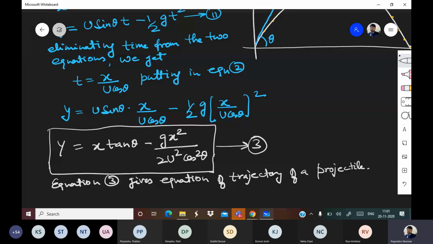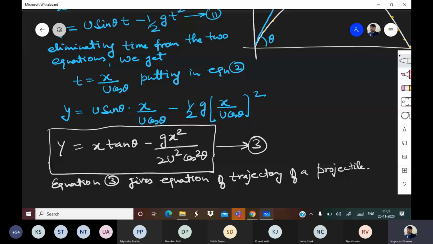Initial velocity means velocity at the point of projection. Now, how come you are asking this question? The moment you have gone away from initial point, velocity will be something else.